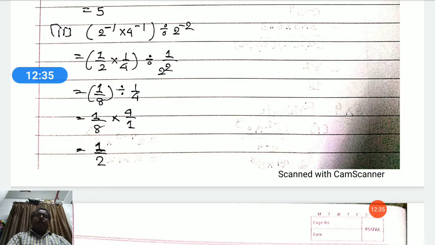Now divide का divide multiplication होगा, 4 न्यूमरेटर में आएगा, 1 डिनोमिनेटर में जाएगा, is equal to 1 by 8 multiplied by 4 by 1.